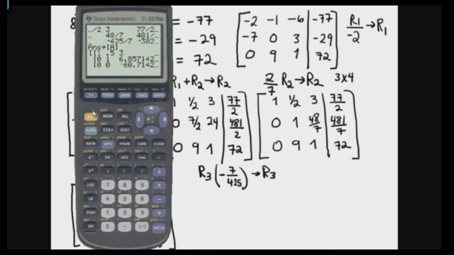Okay, I go to matrix, sorry, math. Go to option E. After row minus 7 over 425, comma A, comma 3. Close the parenthesis, press enter, boom, got it. Convert to fraction to see it much better. Okay.